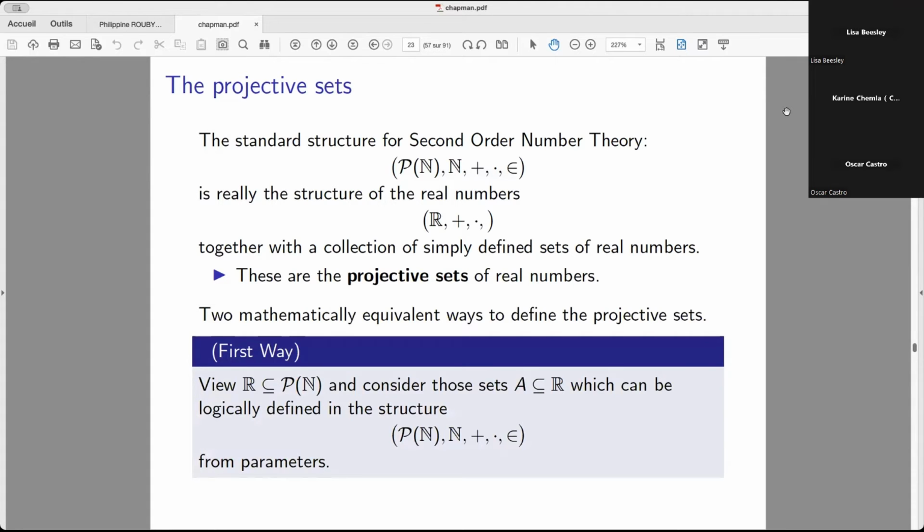Two ways to do it. You can look at the structure, you can do it logically. So you look at the logical structure P of n, plus, times, epsilon, in other words, the reals with plus and times together with the natural numbers as a predicate, and do logical definability from parameters. That would be the logician's way.